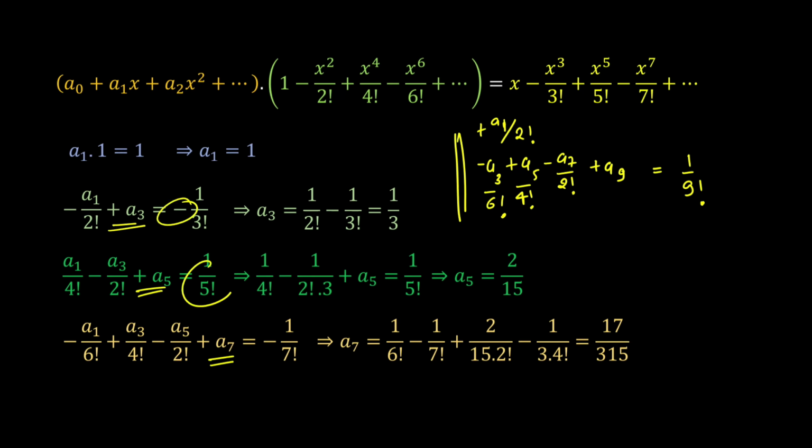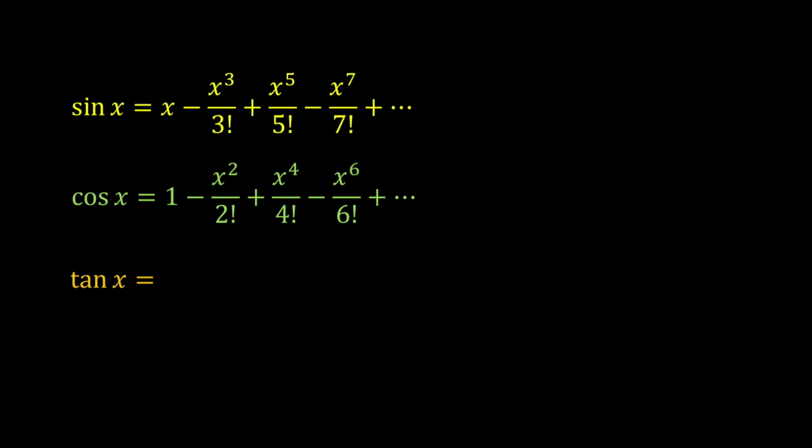Since here it is minus, then plus, then minus, now we will get plus. So with the help of this equation, we can find a9, and hence tan x is equal to x plus x cubed by 3 plus 2 by 15 times x to the power 5, and so on.